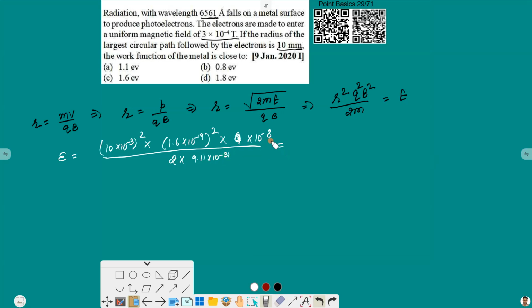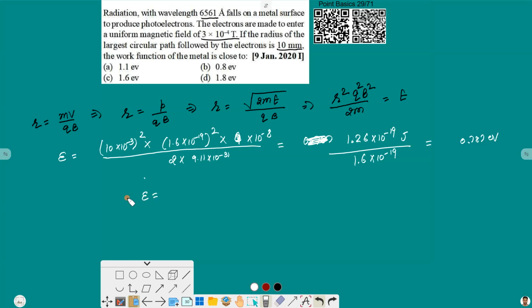When we solve this, I have already calculated it. Sorry, it has to be calculated in joule. So in joule it will be 1.26 into 10 raised to power minus 19 joule. Now I can convert it into electron volt by dividing by 1.6 into 10 raised to power minus 19, and this will be equal to 0.787 electron volt.